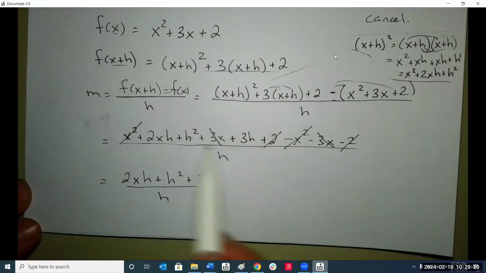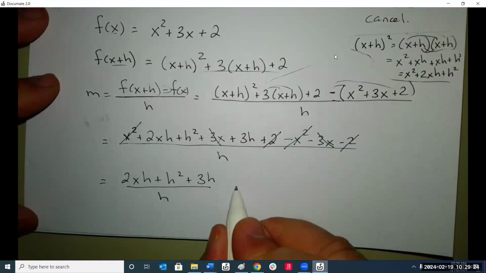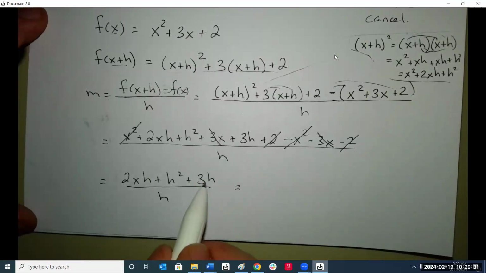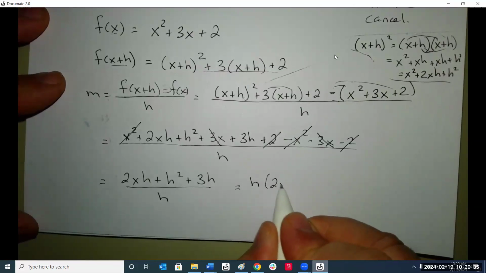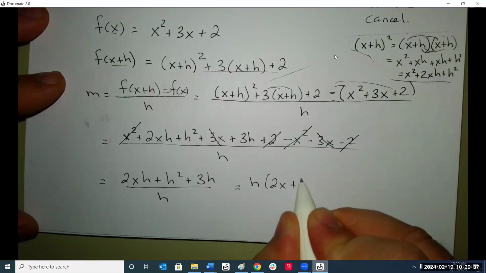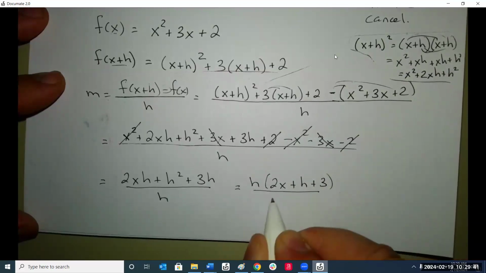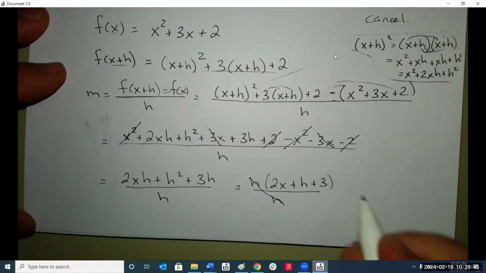2xh plus h squared plus 3h. Factor out an h, for each of the terms on top has at least one h. So we take out one h. Just 2x plus h plus 3. Those cancel.